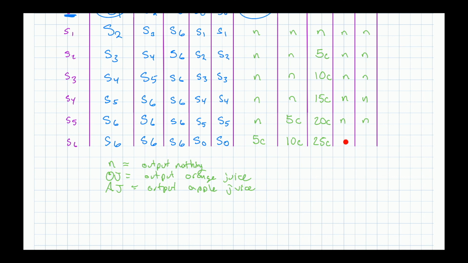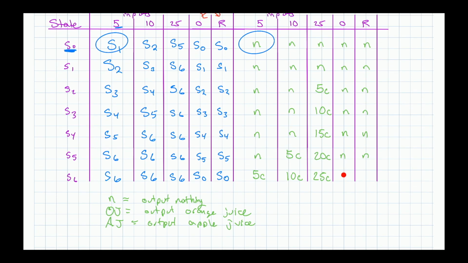So right here, this is where you had 30 cents in, and you pressed the orange button. So what do you get? You get orange juice. Maybe I'll even write in a different color. You get orange juice. And if you press the red button, you would have gotten apple juice. So what's happening is you spit out the apple juice, and at the same time, you set the state back to 0 because it takes your money when you get the apple juice.